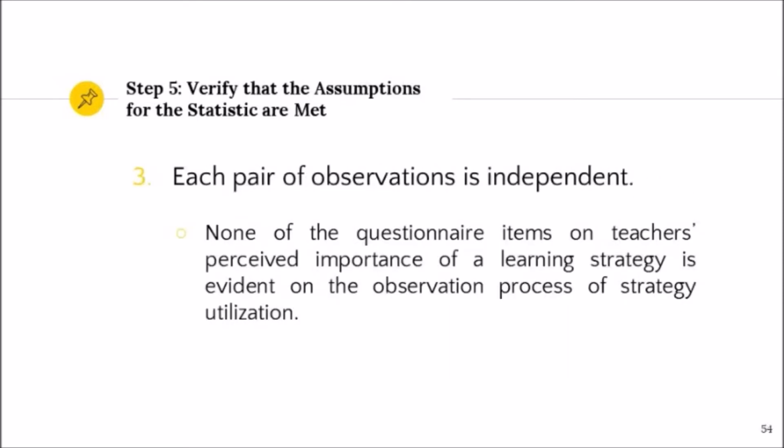The third assumption is that each pair of observations is independent. This was met because none of the questionnaire items on teachers' perceived importance of a learning strategy is evident in the observation process of strategy utilization.